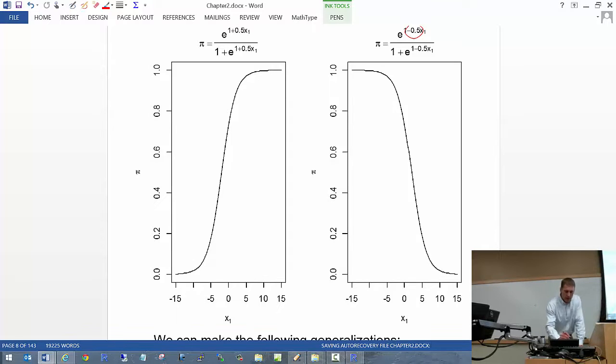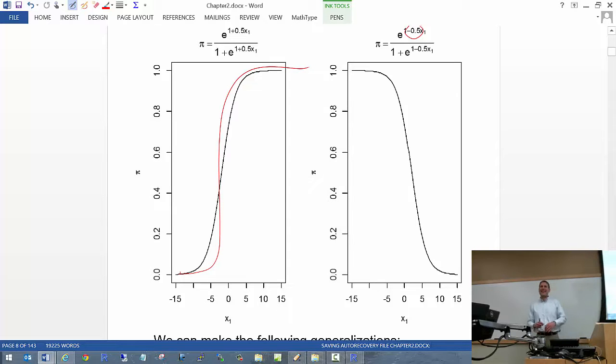In other words, you're going to rise up to pi equal 1 faster, because now you have a stronger relationship between x and pi.